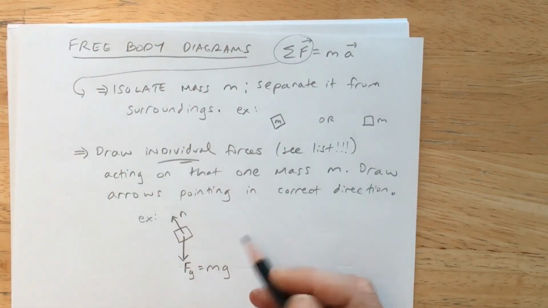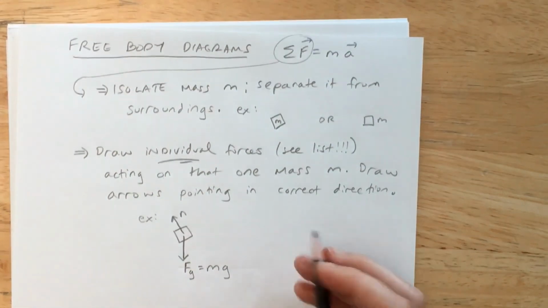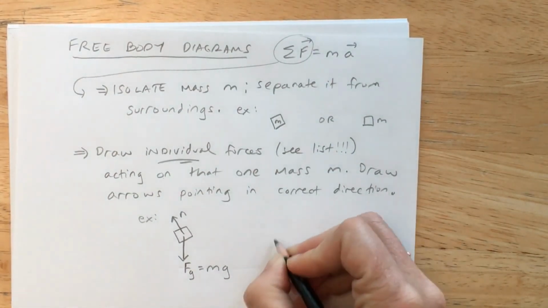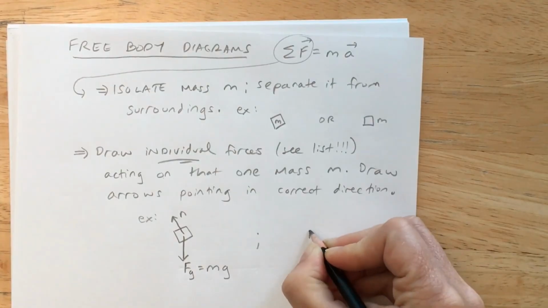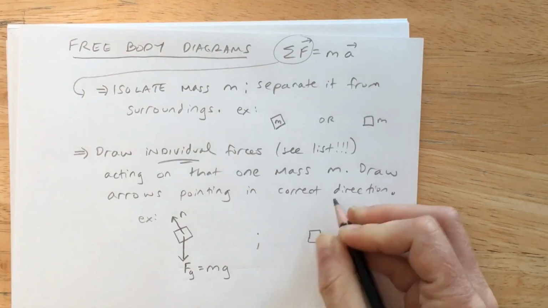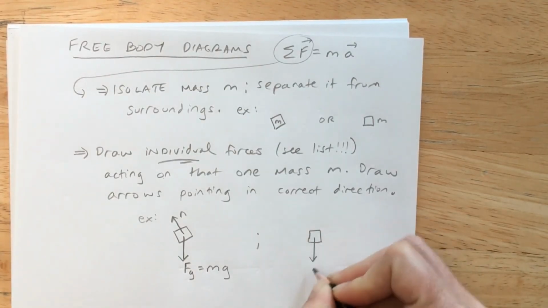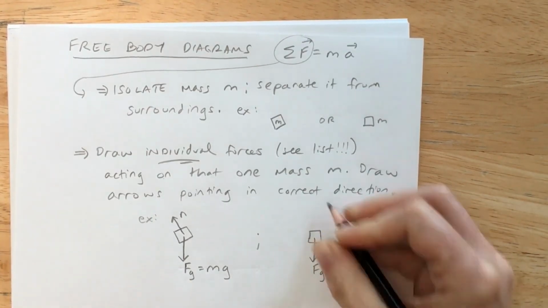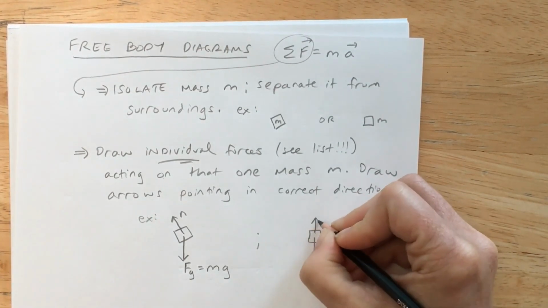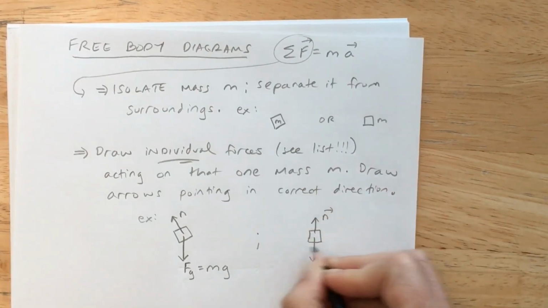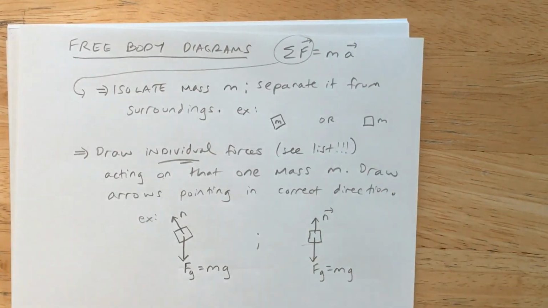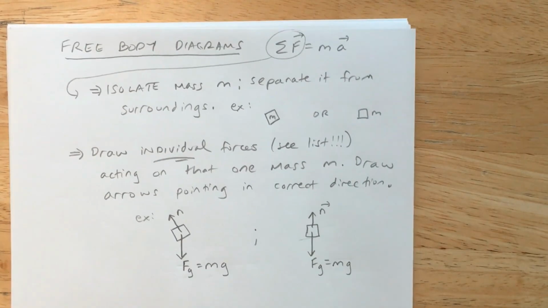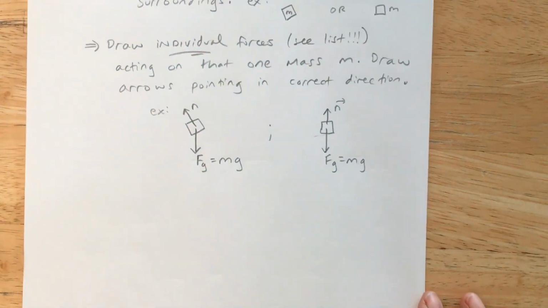So that might be what my free body diagram looks like for a box on a ramp. If it was a box that's just, say, in an elevator, sitting on the floor of an elevator, then I might have a downward force F sub g, which again equals mg, and then say an upward force from the contact between the ground and the box. So I'm going to draw those individual forces.